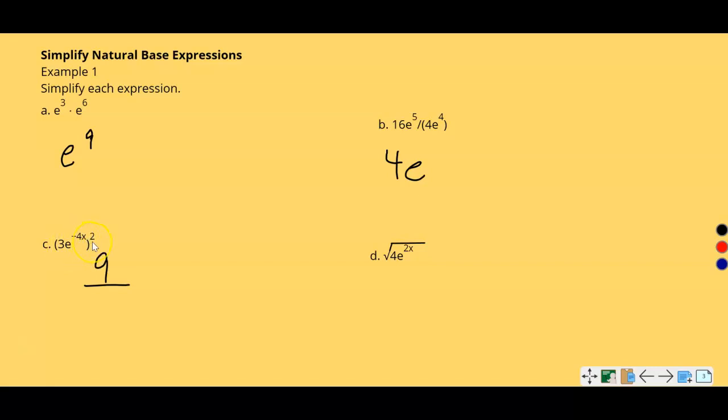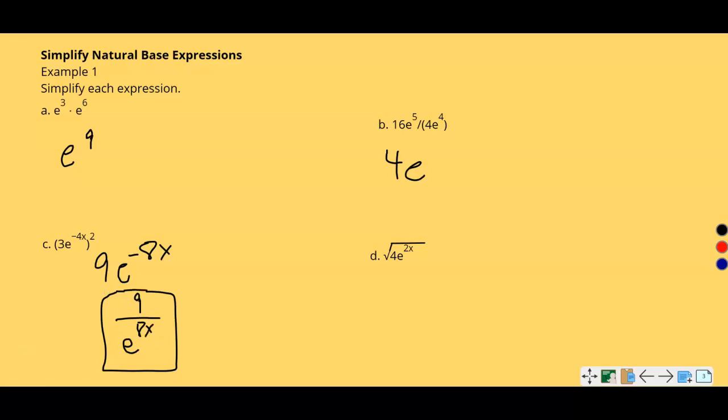So e to the negative 8x. And then if we want to simplify that, we have to get rid of negative exponents. So we move this to the denominator and make it positive. So 9 over e^(8x). And this would be considered simplified.